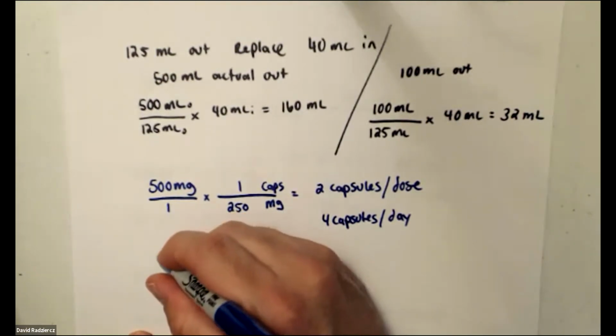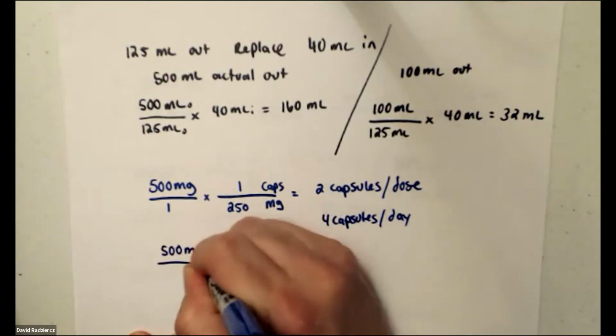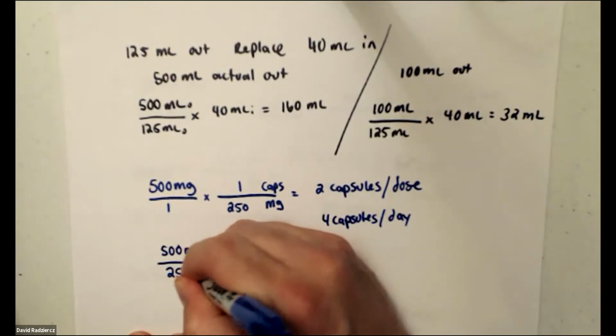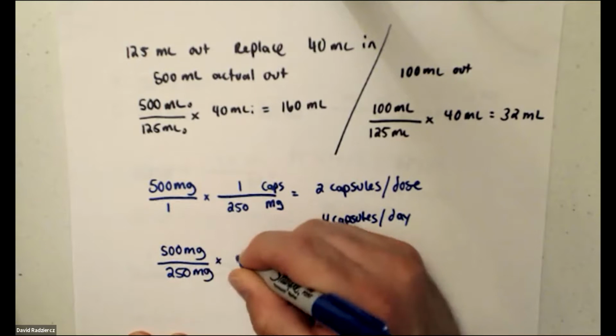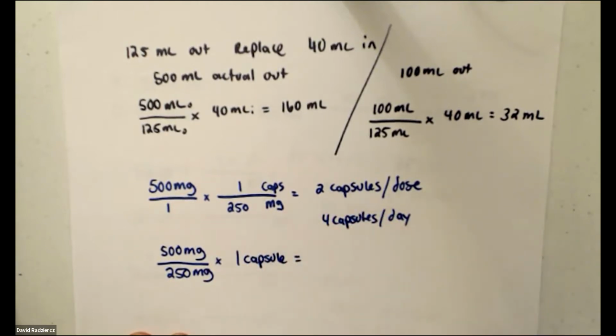Remember, the order is what? 500 milligrams. What do you have available? 250 milligrams. And what's the quantity? 1 capsule. And that's how you would set this up using the ordered over have setup. And you'd get the same answer.